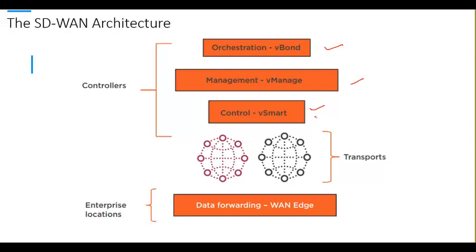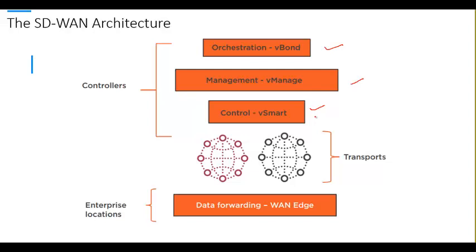vManage sometimes talks directly to the WAN edge, but most of the time it talks through vSmart. We'll talk about those things also in detail later. But as of now, what I want to say is vManage can speak to vBond, WAN edge, as well as vSmart. And most of the time, it sends the configuration through the vSmart to the WAN edges.